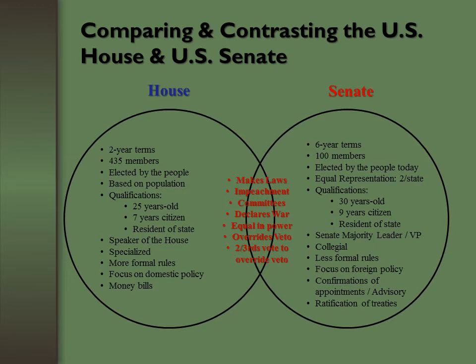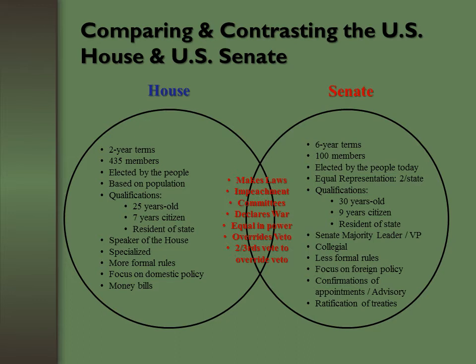Not to mention for the exam for Unit 2, this will definitely help you summarize the important characteristics from both chambers. So I started off by looking at the set terms. How many years do both representatives and senators actually serve?